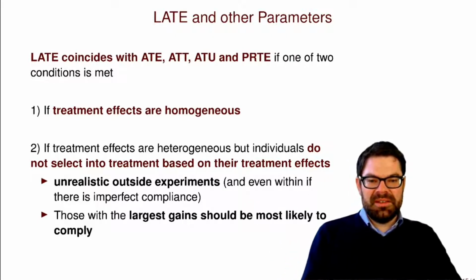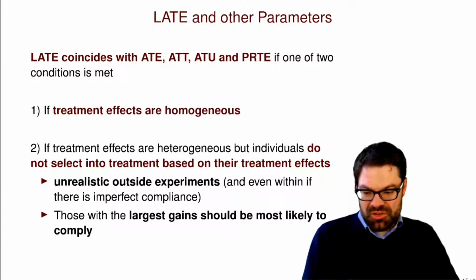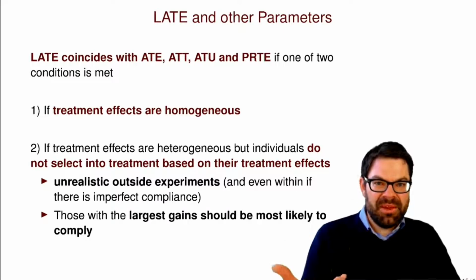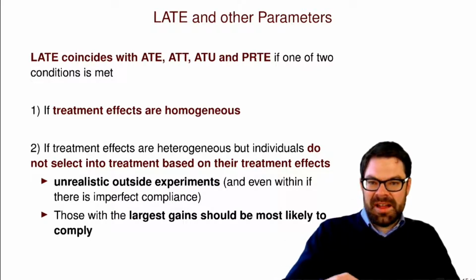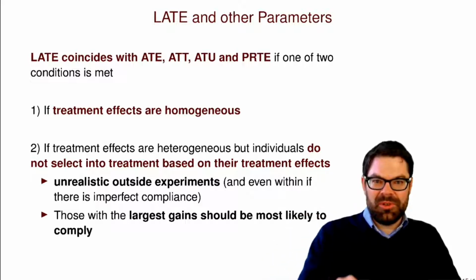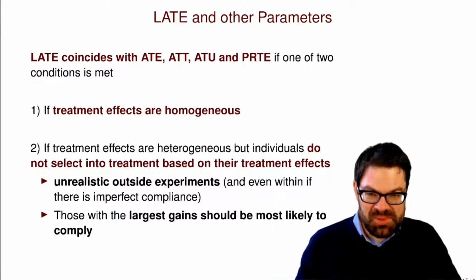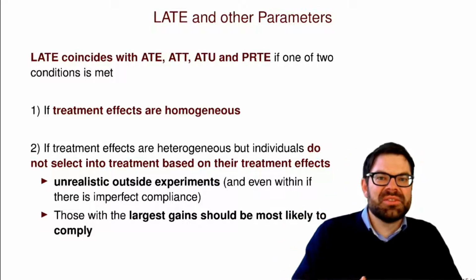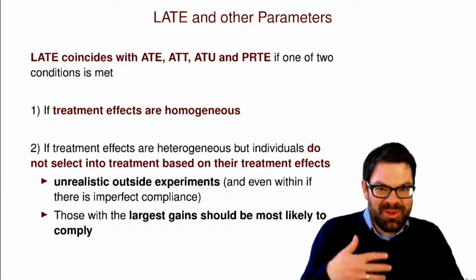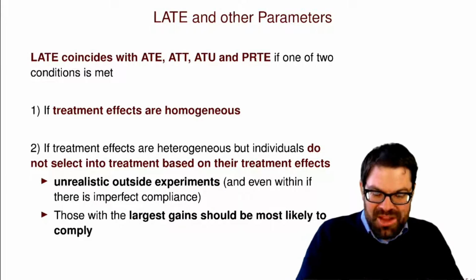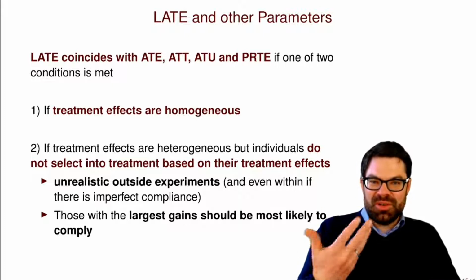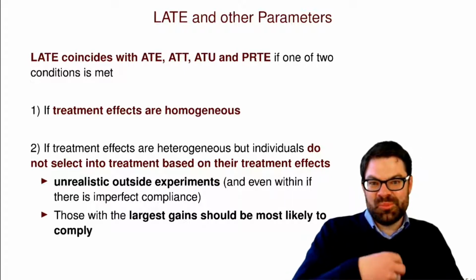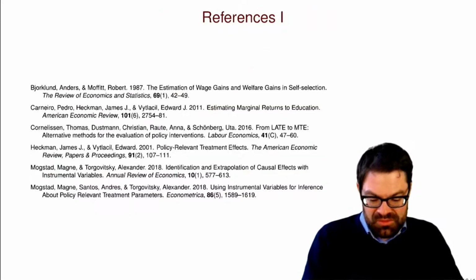And also, obviously, if there is no systematic selection into treatment, let's say you have a random assignment of an incentive to get treated, such as a voucher, and if it's then random who actually takes up the treatment or not, then those 5 parameters coincide as well. But that is typically not the case. Right? So typically, as economists, we believe people to a great degree make their actions and their choices deliberately. And as such, there is probably a difference between those people who choose to get treated and those who don't.